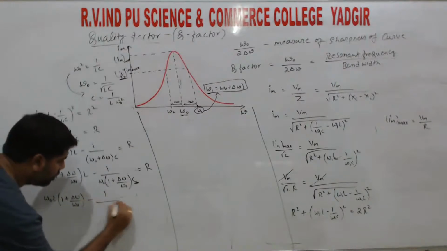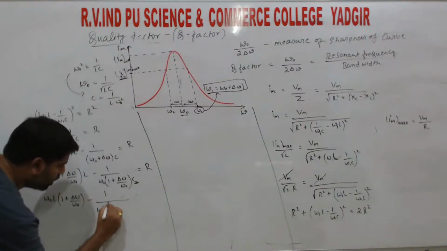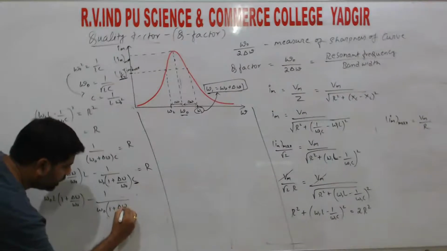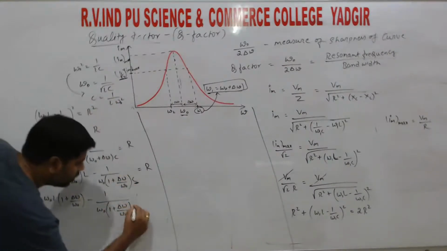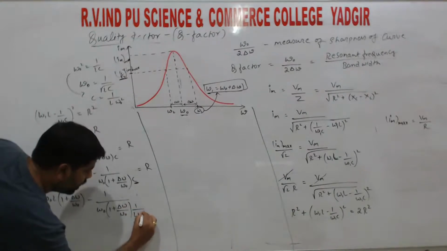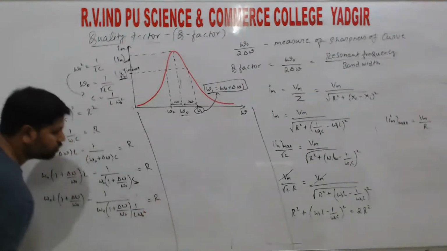Writing that in place of C, we get 1 divided by L omega naught square, equals R.